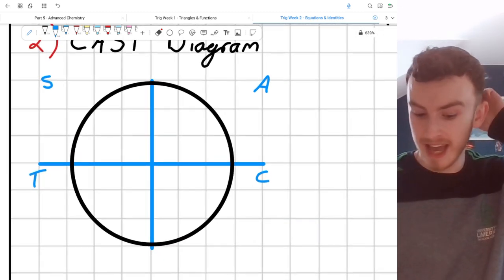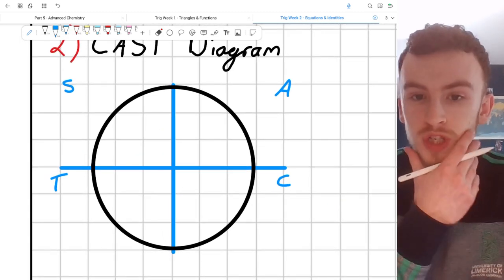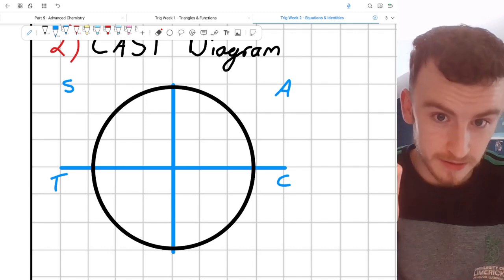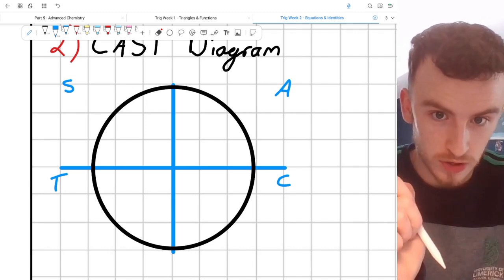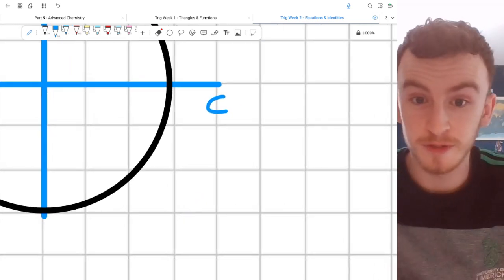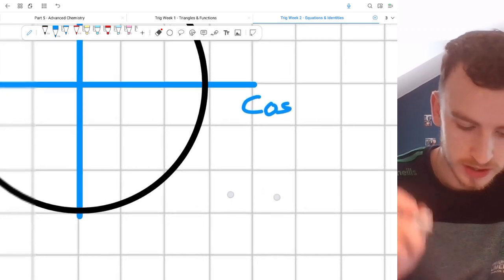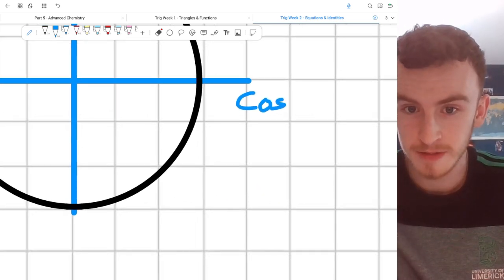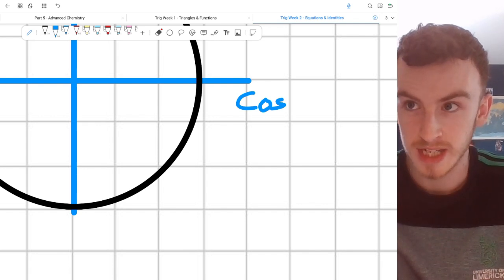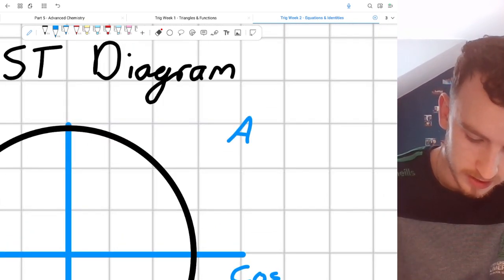Now, what does the CAST stand for? That tells you which of your trig functions is positive in those respective quadrants. So in the C quadrant, C standing for cosine, cosine is positive and everything else is negative. So sine and tan are both negative. The A stands for all.